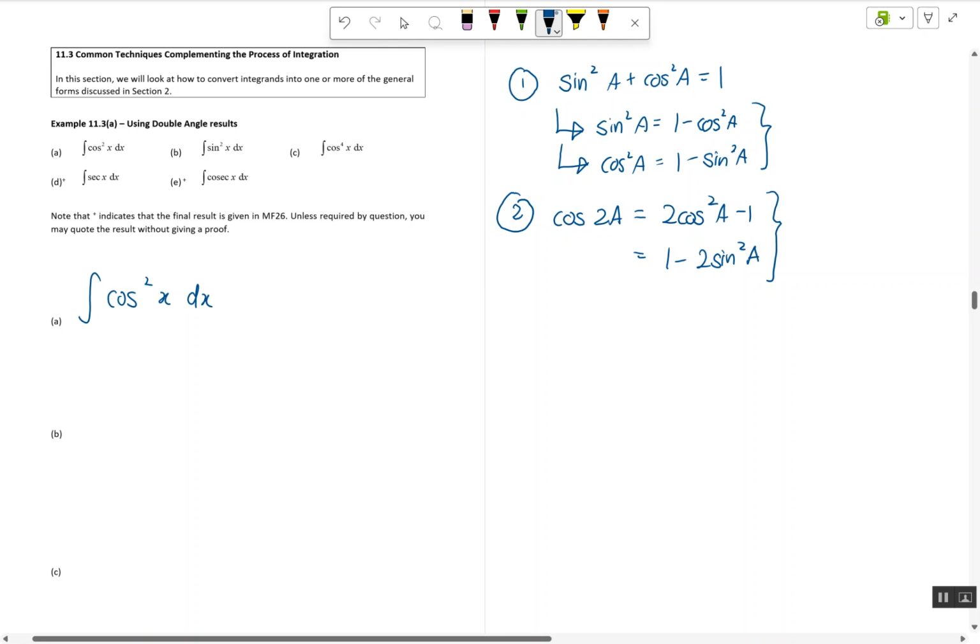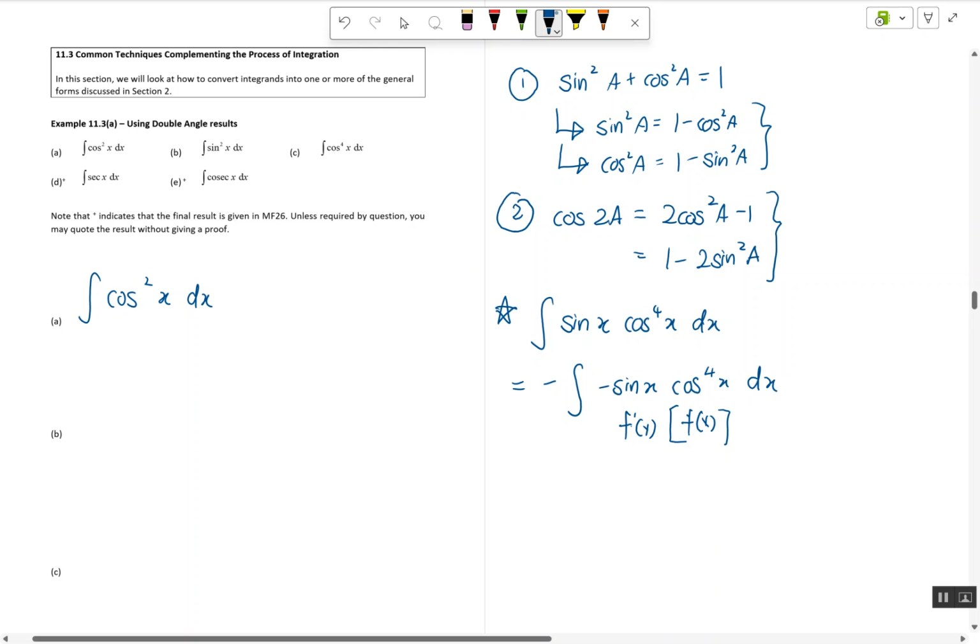Do not confuse yourself with the first part, where it's the integral of sine x cos to the power of 4x dx. In this case, I need to put a negative first, because this is the integral of f prime x times f x to the power of n.